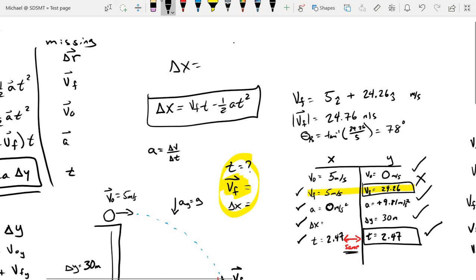Delta x equals v final, which is 5 meters per second, times the time, 2.47 seconds, minus half of the acceleration times the time, but the acceleration is 0. So all that's left is that first term. So we need to take our time times 5, which is going to give us a displacement of 12.36 meters from the edge of the cliff.